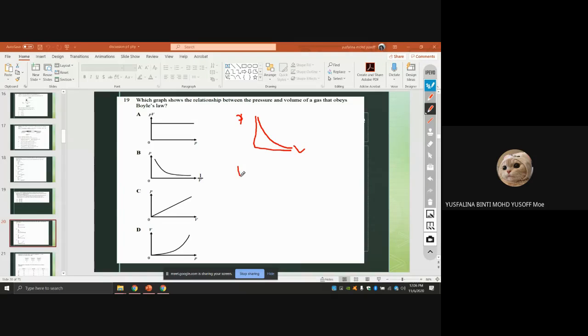If P against 1 over V, it should be directly proportional. If PV against P, the value should be constant like this. If PV against V, it is the same, should be constant like this. So which one is the correct one? The answer should be A, right?